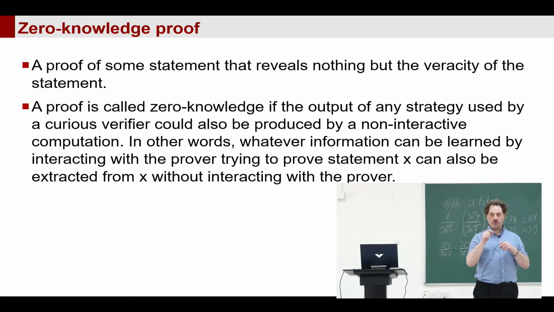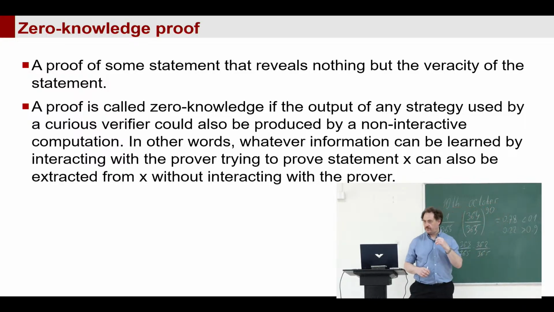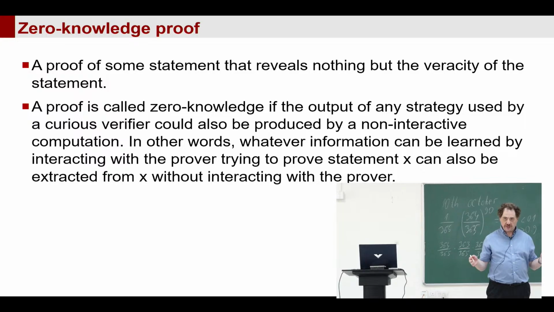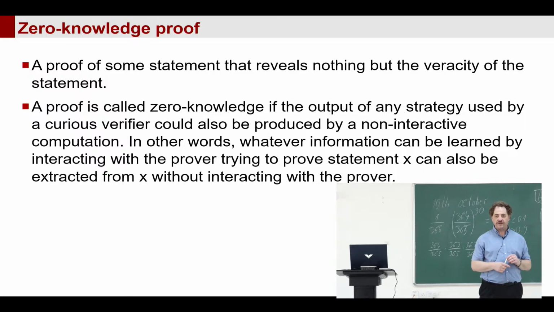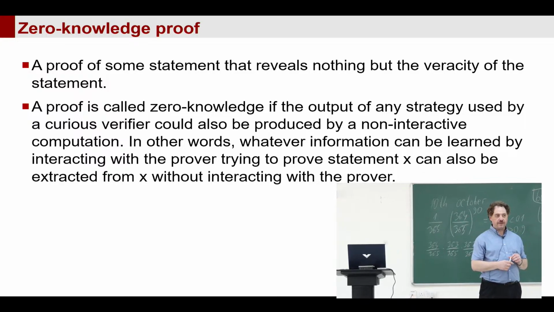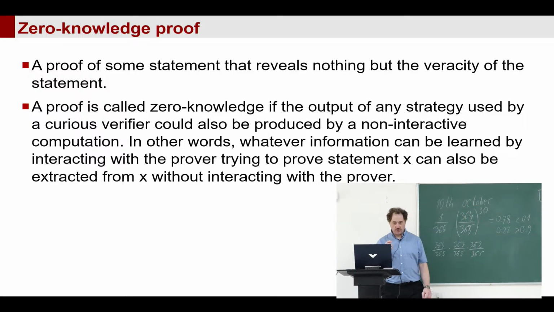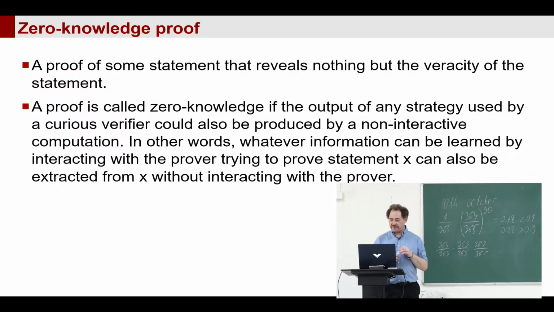In other words, I learn nothing apart from the statement itself and its veracity. Usually the first reaction is, is it even possible? How can I convince you that I have a secret without showing you that I have it? It's a quite surprising result. Yes, I can, due to one-way functions.